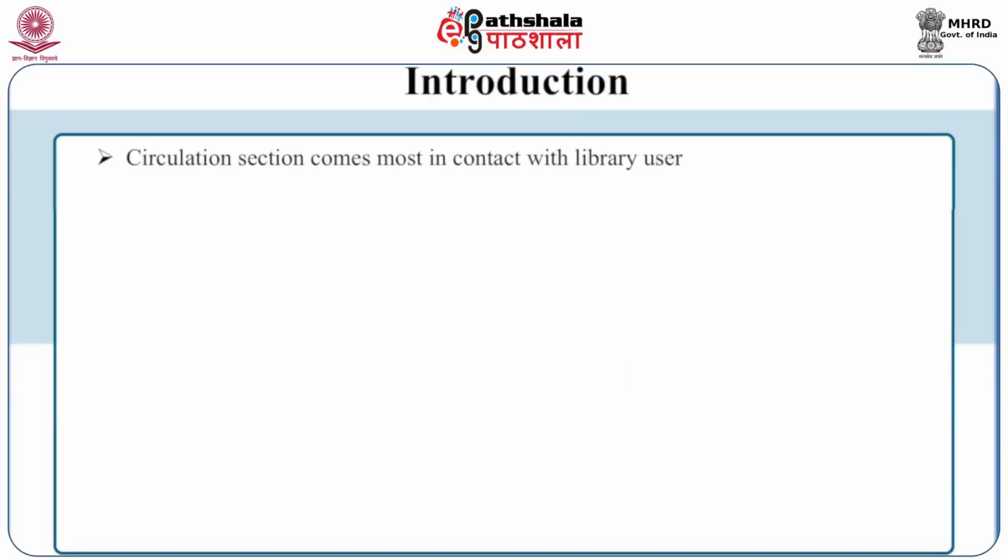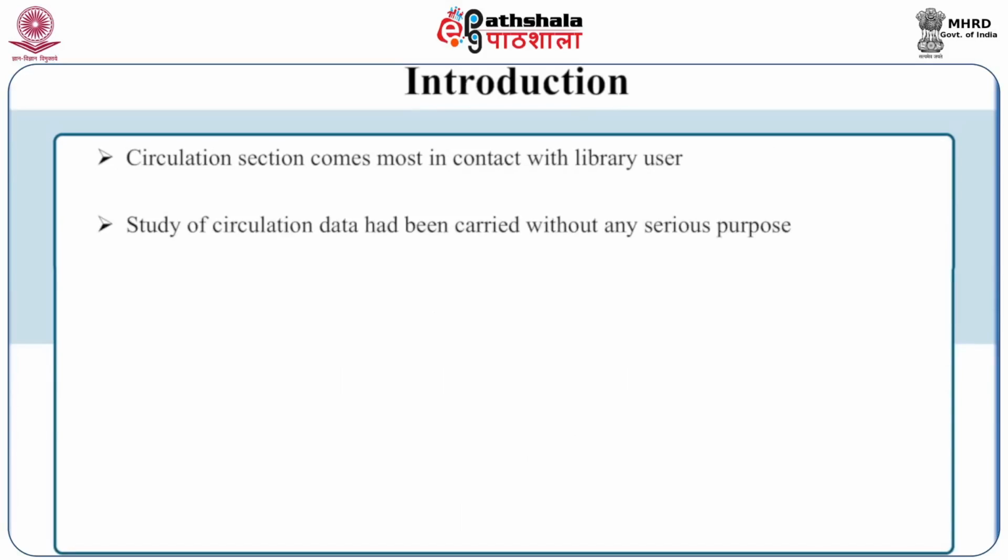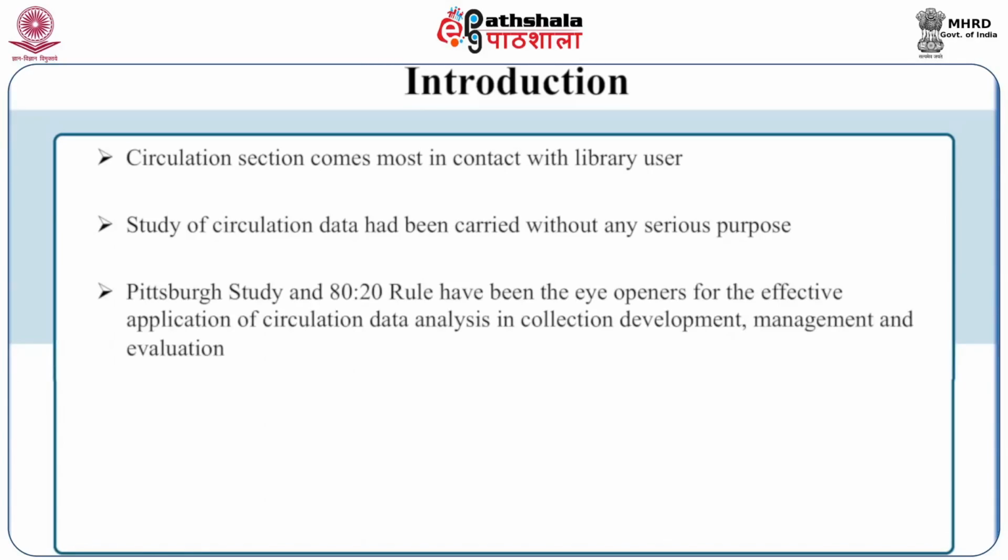The circulation section is the section which comes the most in contact with users of the library. The study of circulation data had been carried out earlier without any serious purpose. The Pittsburgh study and the 80:20 rule have been the eye-openers for effective application of circulation data analysis in collection development, management, and evaluation.